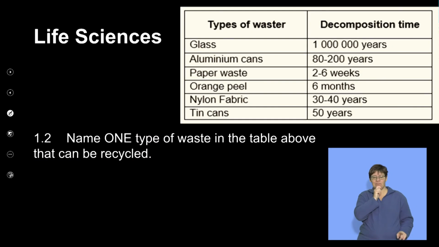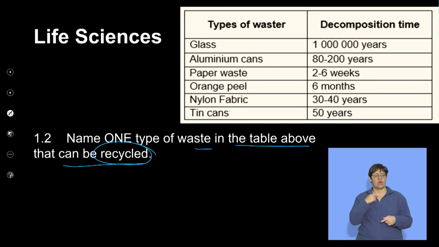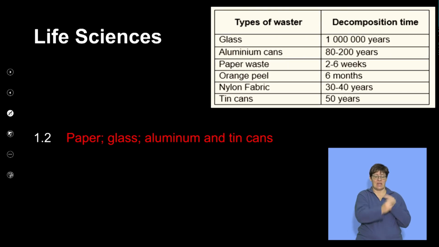Right. Name one type of waste in the table above that can be recycled. So guys, when we look at the waste in the table above, we got to know that recycling essentially means reusing them. So if we were to quickly wrap this up, we can see that paper can be recycled, aluminum cans can be recycled, as well as your tin cans.